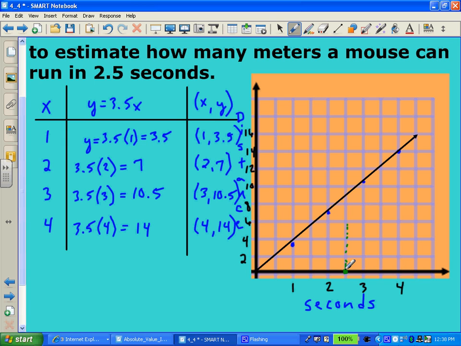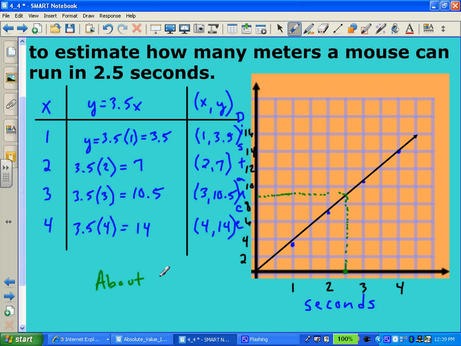So on my graph, I'm going to find 2.5 seconds, which is right here. And I'm going to go up to where that intersects my line. And then I'm going to go over. Okay. Now, notice here, it looks like about 9, right about 9 actually, because here's 8, here's 10.